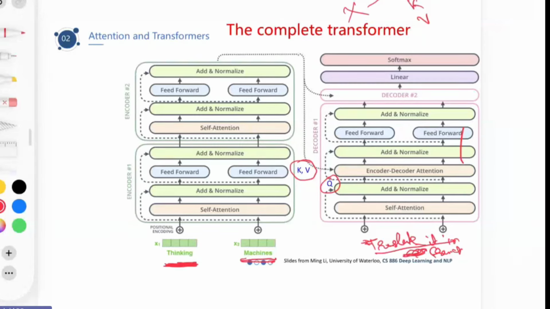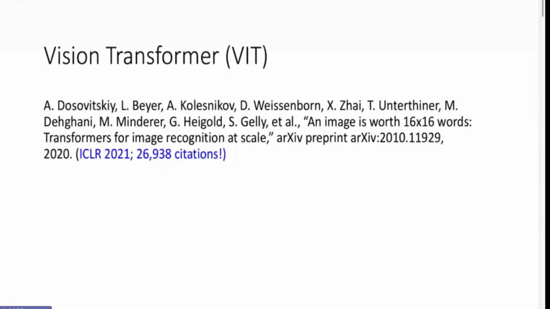Now I'll see one more application of the transformer, that is ViT. I'll just give you an overview of that, and then we'll complete the transformer part. Actually, when the transformer came around 2017, it became popular, but it was not quite popular for imaging or vision tasks.